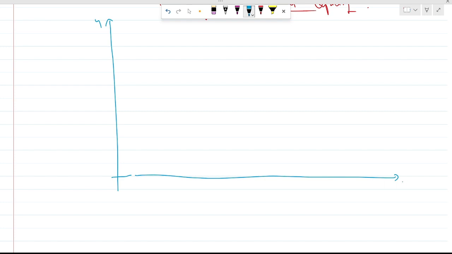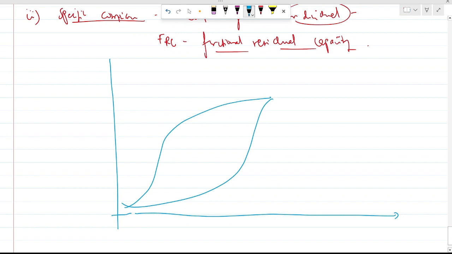I'm going to draw a graph to see how these compliances are related. What are the basics of compliance? You can derive from this graph. We all are familiar with this shape of graph.